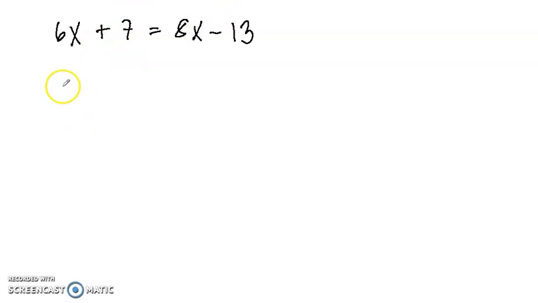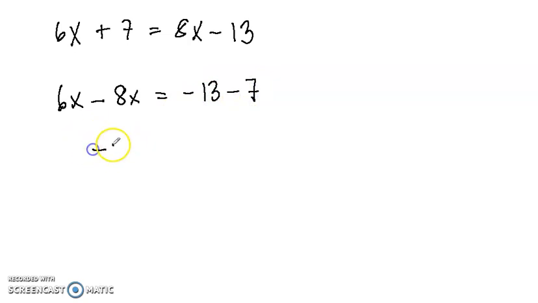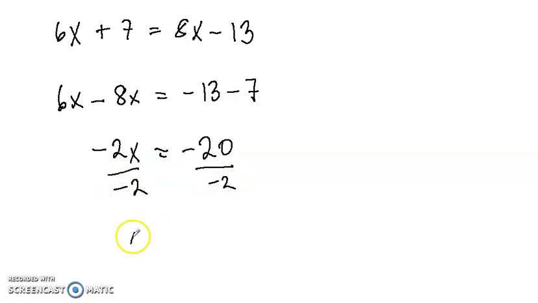So we will have 6x minus 8x equal to negative 13 minus 7. So we will have negative 2x equal to negative 20. Now we divide both sides by negative 2. x is equal to positive 10.